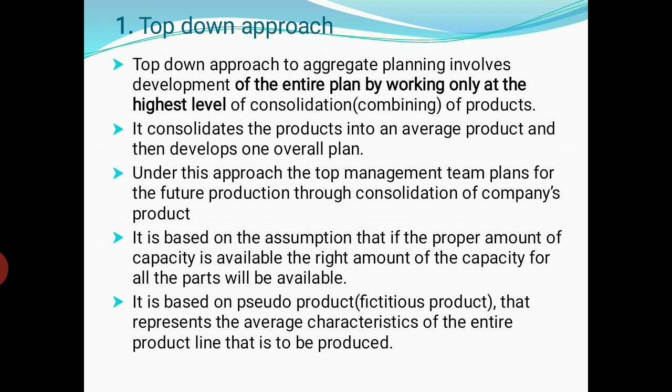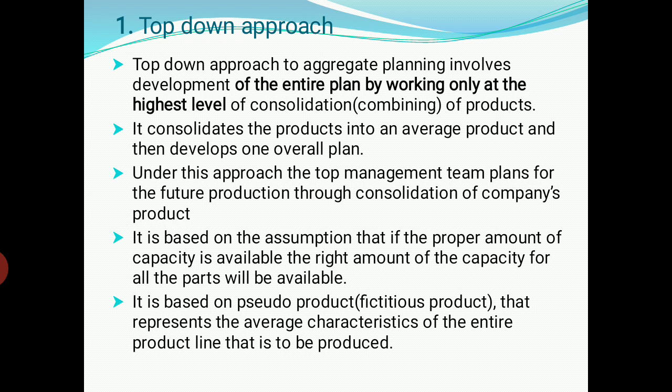Now what is this all about? Let us see. The top down approach to aggregate planning involves development of the entire plan by working at the highest level of consolidation, or combining the products.